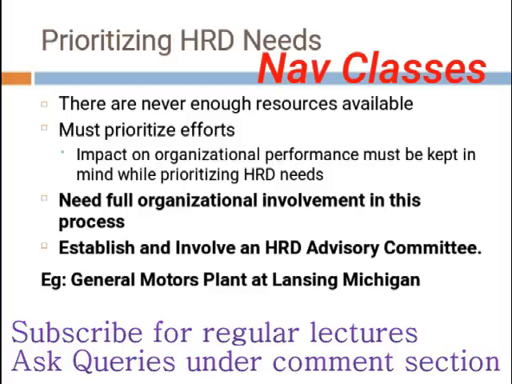Then the advisory committee provided 9 solutions which were ultimately recommended, consisting of both training solutions and non-training solutions. Training solutions included training all production workers in statistical process control (SPC). A non-training solution included color coding the die for each press.